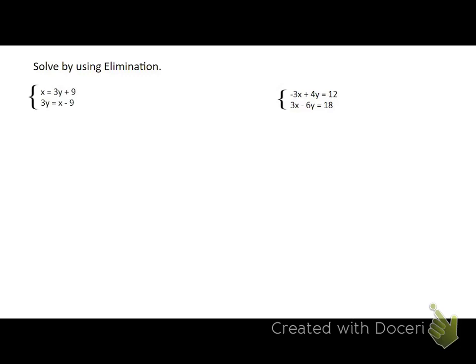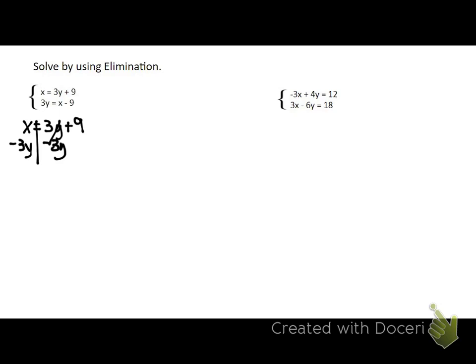If I have x equals 3y plus 9, and I want to get the variables on the same side of the equation, what's going to be the easiest move? So then I'd rewrite it how, Ben?